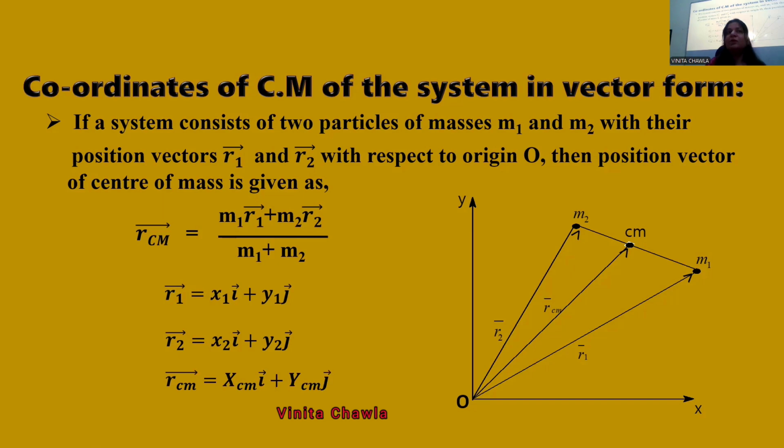So RCM, coordinates of RCM, we take XCM, YCM, so we can write RCM as this: XCM i cap plus YCM j cap. Write this.